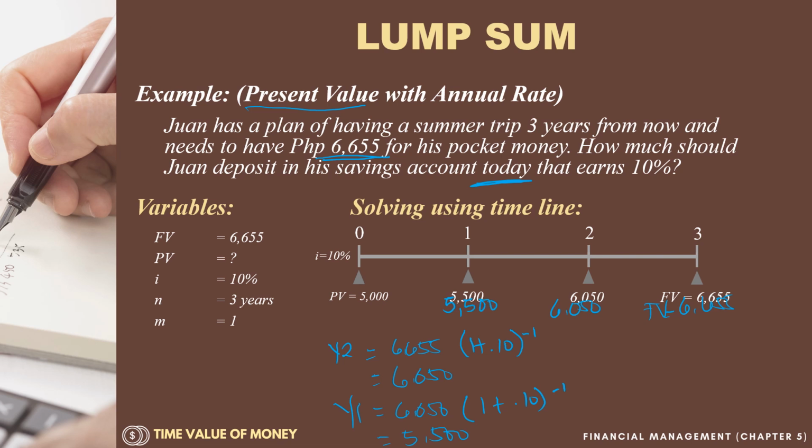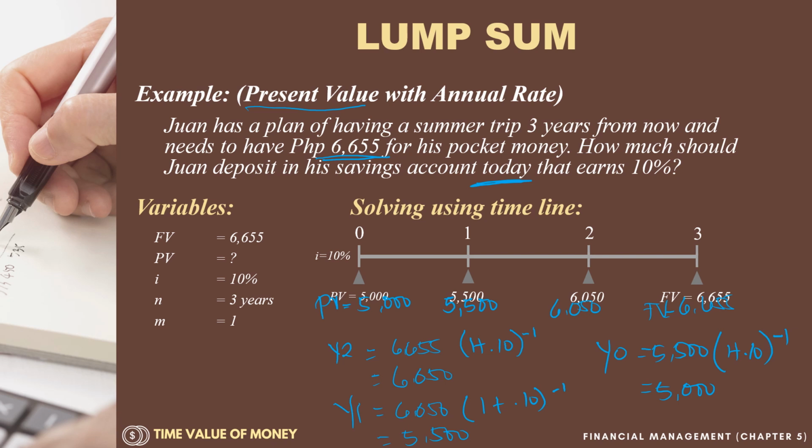Now, to get the present value for today, which is year 0, we need to discount the 5,500 in year 1. So in year 0, 5,500 times (1 plus 0.10) to the power of negative 1. That is 5,000 pesos. So our PV here is 5,000.